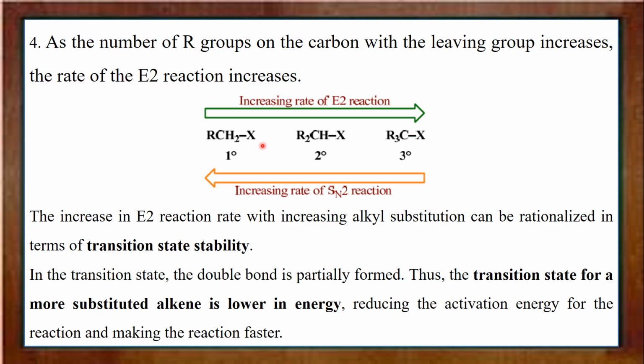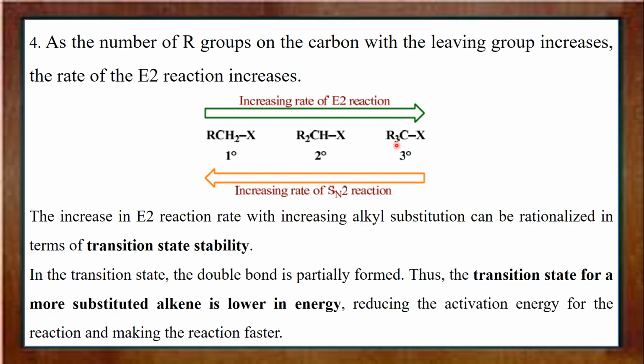So this is the order in which elimination reactions take place from various alkyl halides. This is the primary alkyl halide, and here is the secondary alkyl halide. This undergoes elimination faster than the primary. The tertiary alkyl halide undergoes E2 elimination faster than the secondary alkyl halide.